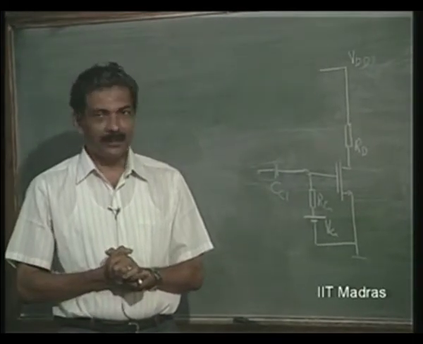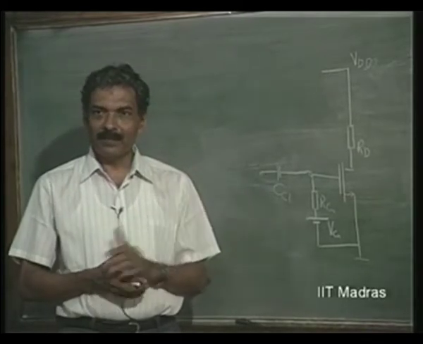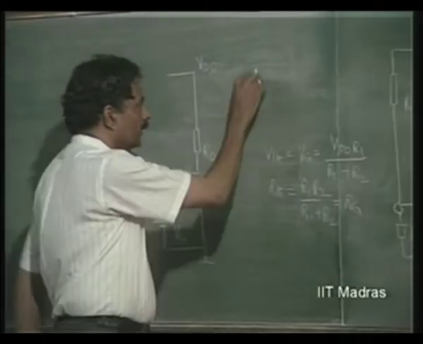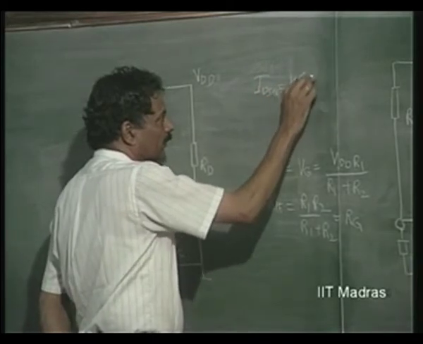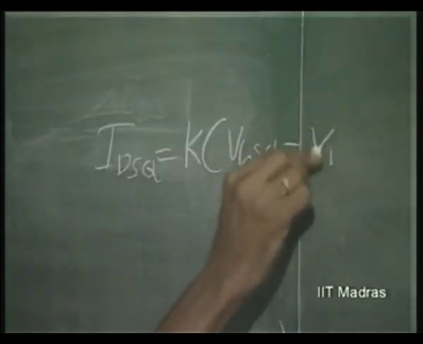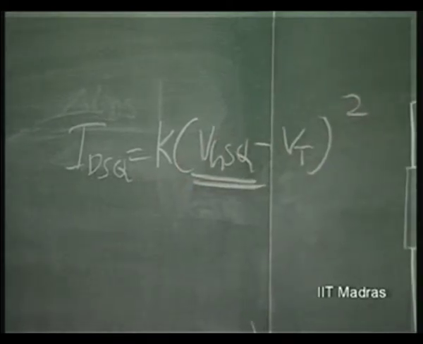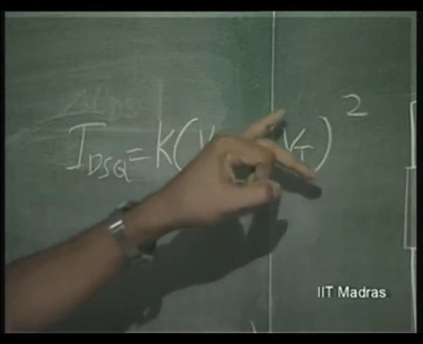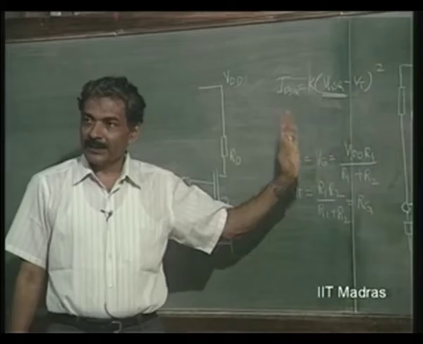I am not very happy, because if I change the field effect transistor to one having a different value of K, the IDS is going to change, because IDSQ is equal to K times (VGSQ minus VT) squared. So, IDSQ still depends upon this equation. It depends upon K, it depends upon VT. So, if I change the FET, the operating point will be different for the same value of VGSQ.